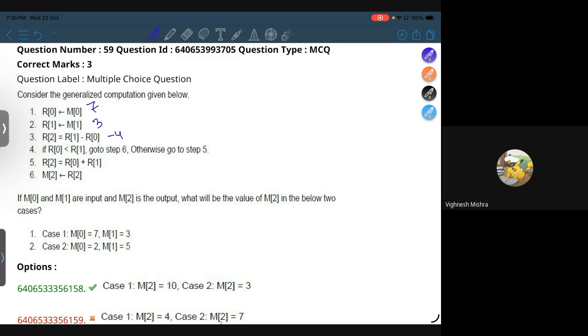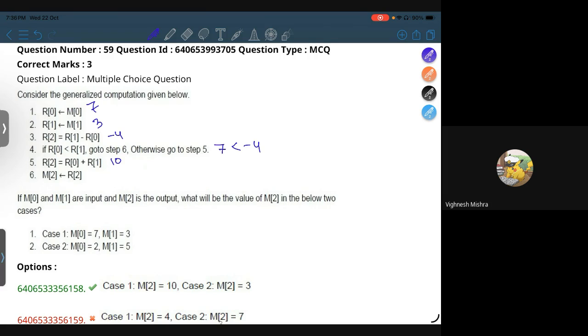Now R0 is 7, is it less than -4? No, it's not. Then go to step 5, which basically sets R2 equal to adding those initial values. So 7 plus 3 is 10. So R2 is now 10.